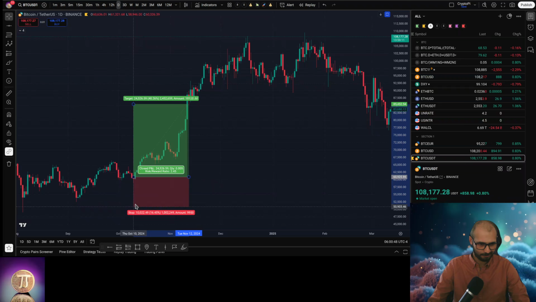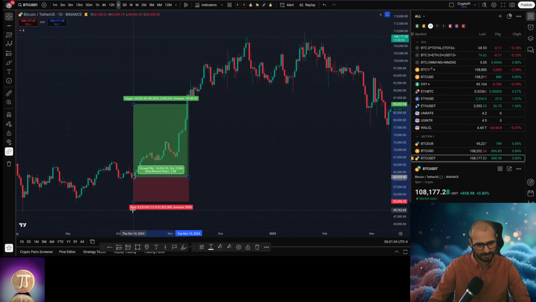Now, bear with me about the terms risk and reward. The risk here is the amount which I'm ready to lose, and the reward is the amount at which I am ready to close my position given the risk which I have taken.